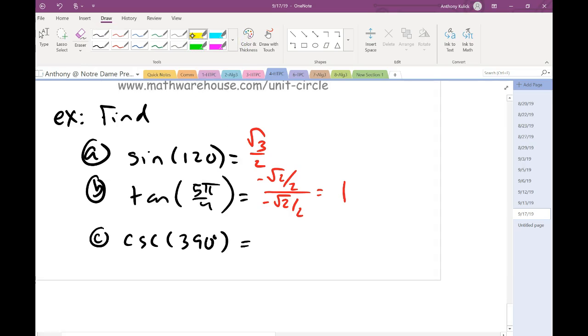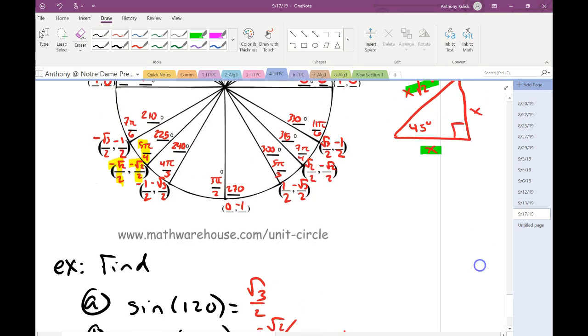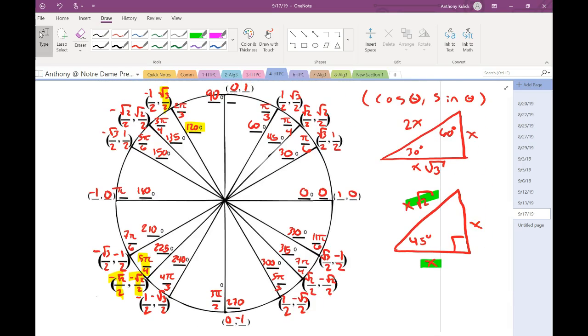Lastly, I want cosecant of 390. Now, 390 isn't a value on my unit circle, but it's coterminal to a value on my unit circle. So if I go 360 and then 30 degrees more, that's 390, right?